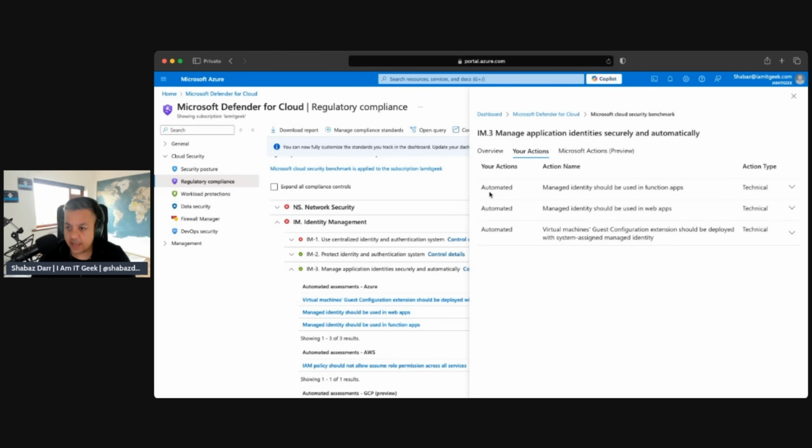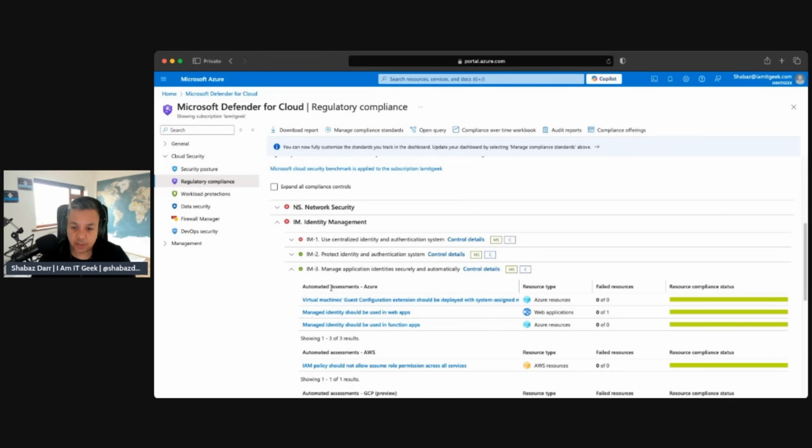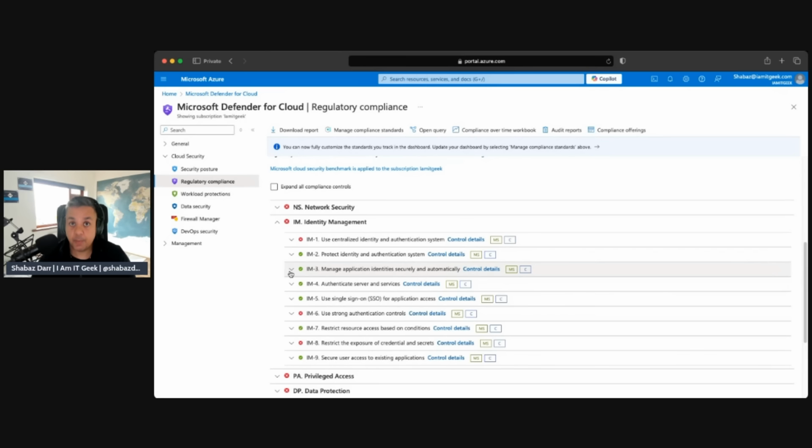The actions are: managed identity should be used in function apps, managed identity should be used in web apps, and the virtual machine guest configuration extension should be deployed with system assigned managed identity. So very much around managed identities and using those. These are just some technical things we should really do to help with that whole concept of identity as the new perimeter.